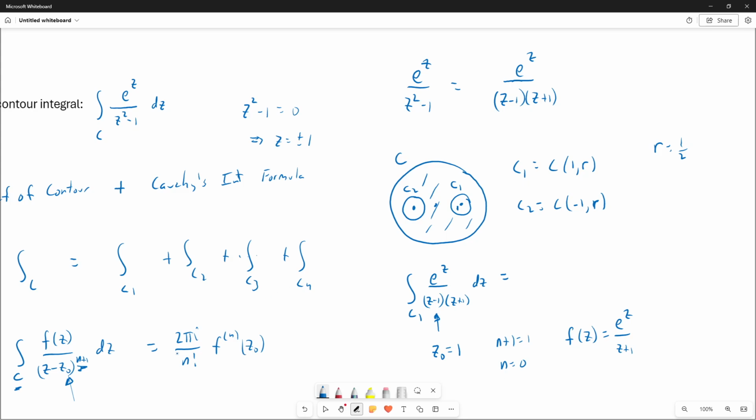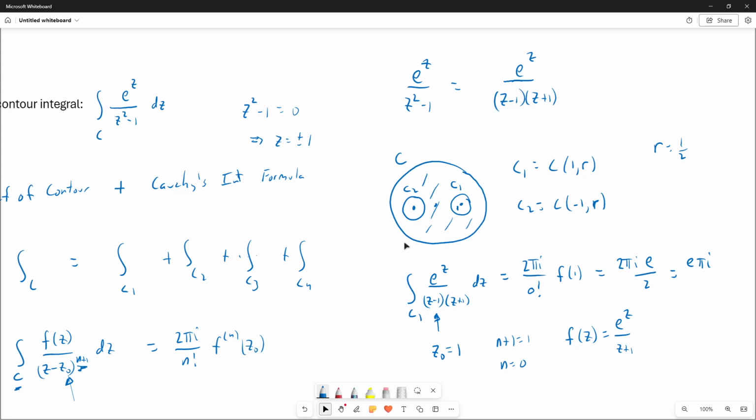So Cauchy's integral formula says that this integral is equal to 2 pi i divided by n factorial, which is 0 factorial, which is 1, times the 0th derivative, because our n is 0. So f of 1, our z0 is 1. So the answer to this first integral is 2 pi i times f of 1, which is e to the 1 divided by 2. So e over 2. So this integral is equal to e pi i.